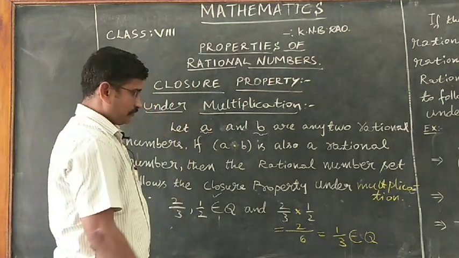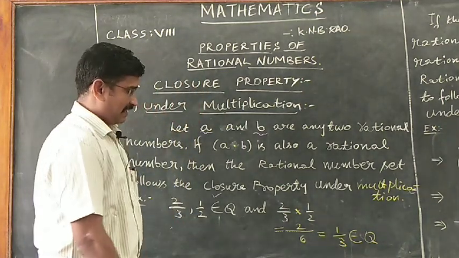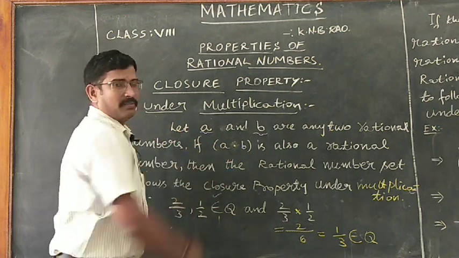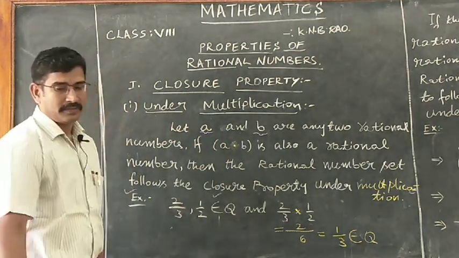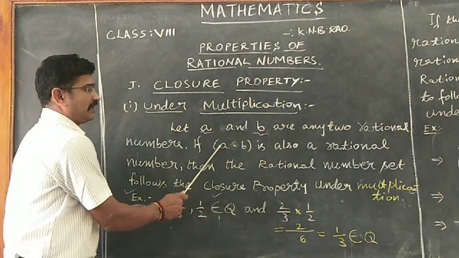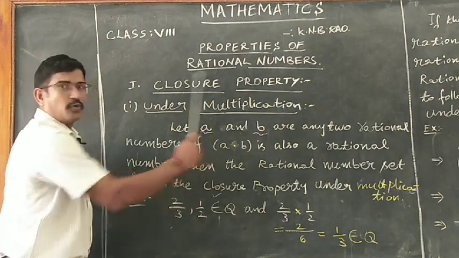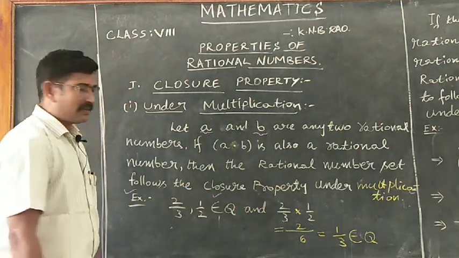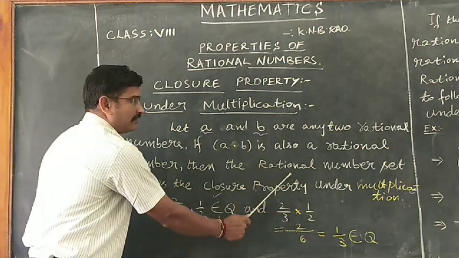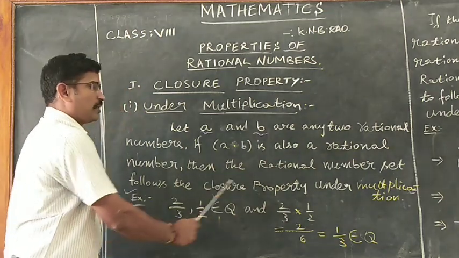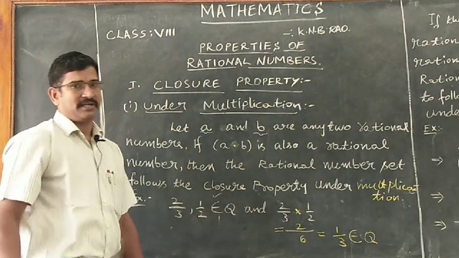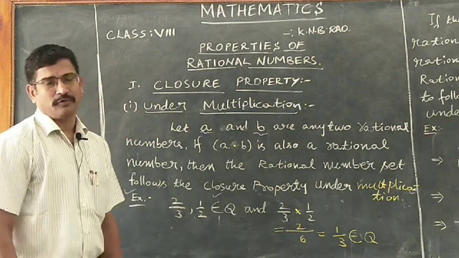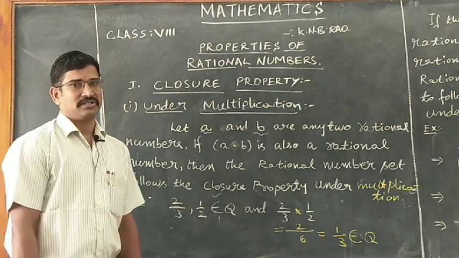Therefore, we can say if the product of any two rational numbers is again a rational number, then the rational number set follows the closure property under multiplication. This is the simple definition of closure property under multiplication.